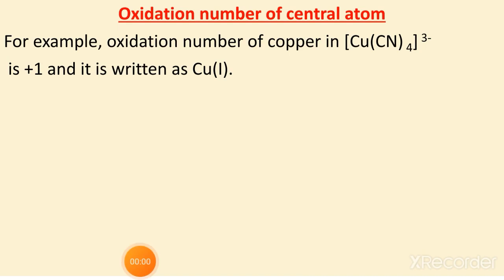So the charge on the complex ion is equal to the oxidation number of the central atom plus the charge on the ligands. In this way you can also calculate the oxidation number of the central atom.